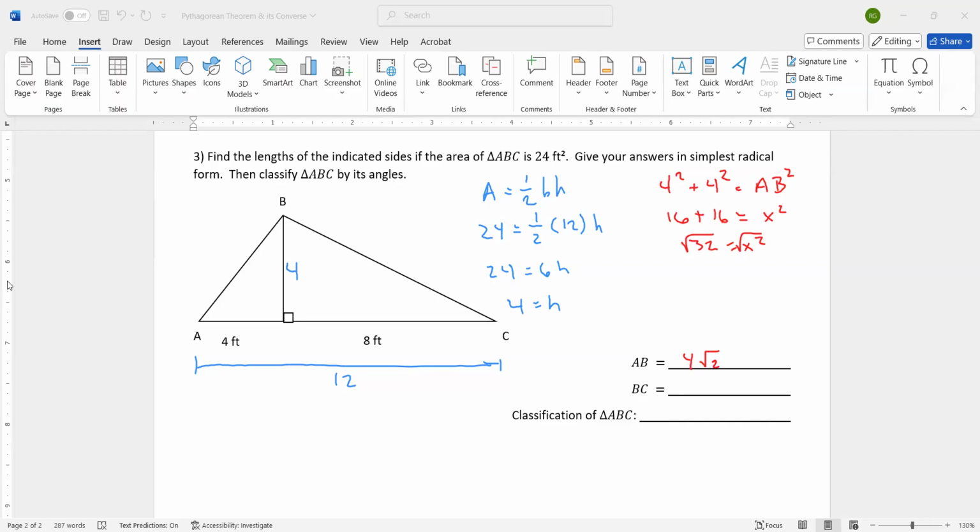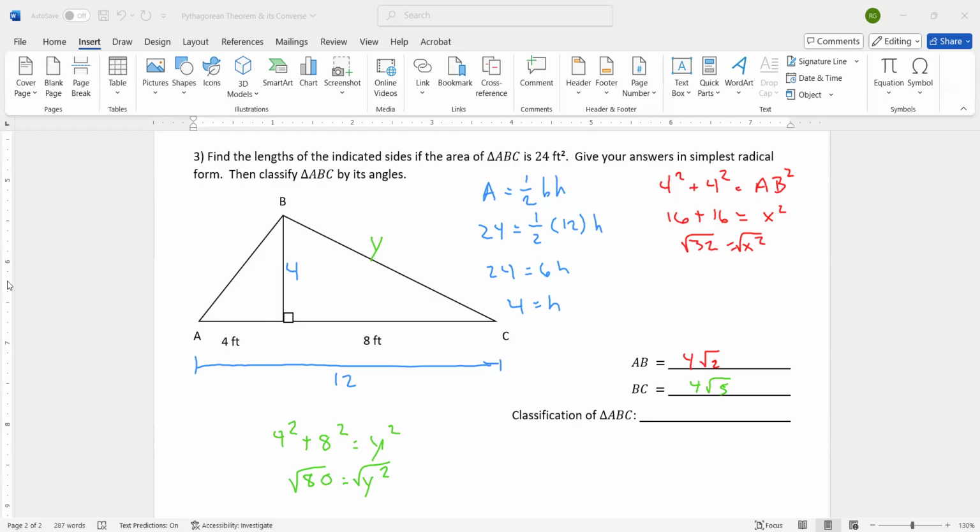Okay. And now I'm going to do BC, call it Y. So I have 4 squared plus 8 squared equals Y squared. It's actually the same as the first problem we did on this video. Y squared equals 80. Square root of 80 is 4 radical 5. And now we want to classify triangle ABC.